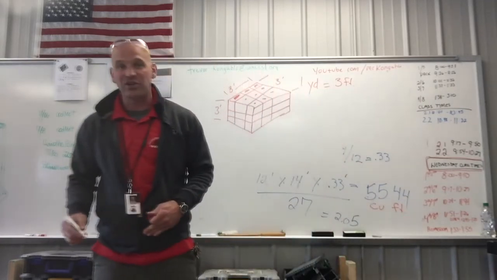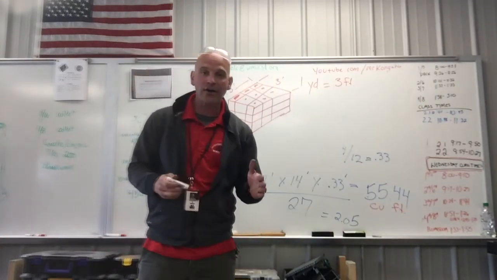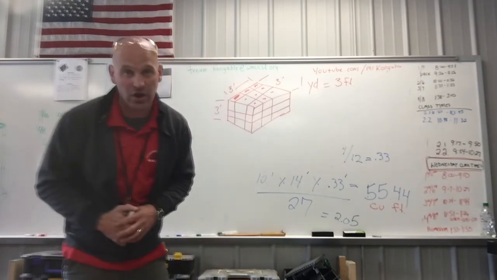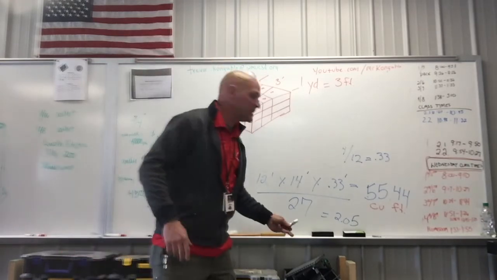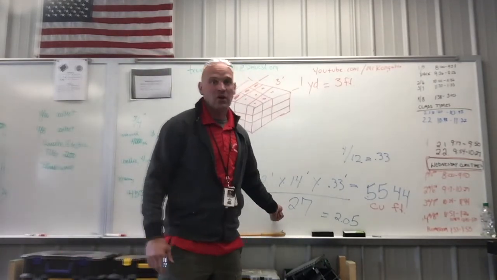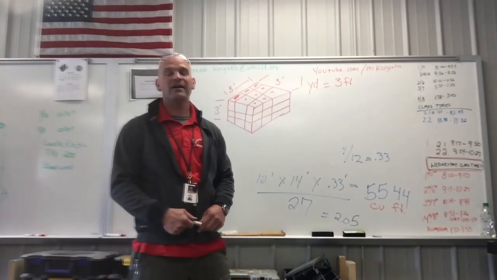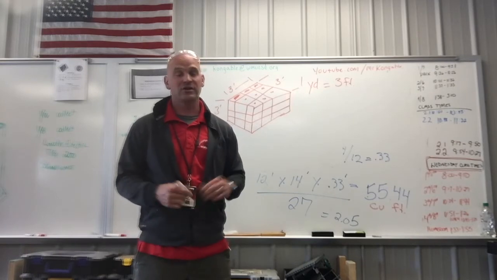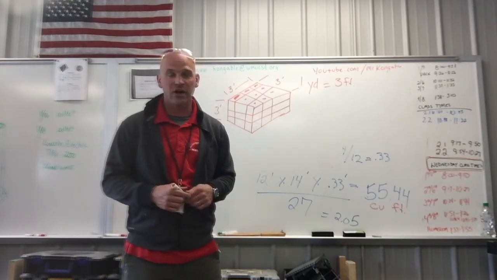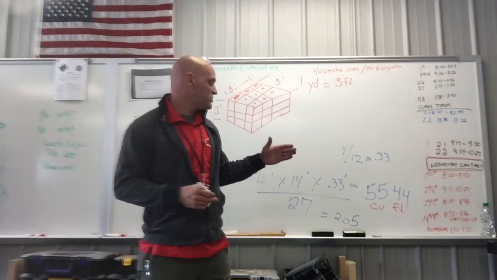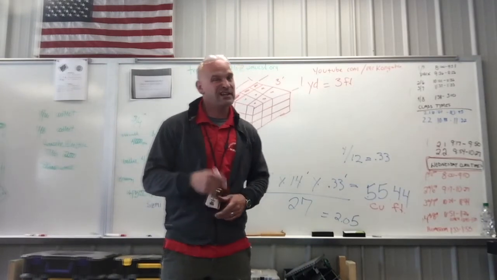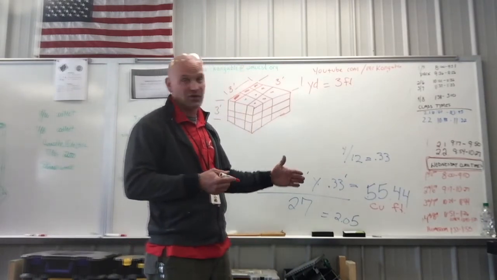We need to get that into cubic yards because concrete is sold in cubic yards. So we need to divide by 27, which gives us 2.05 cubic yards. So when we call that concrete company and we say we need 2 cubic yards, it's not quite enough, right? We need 2.05.